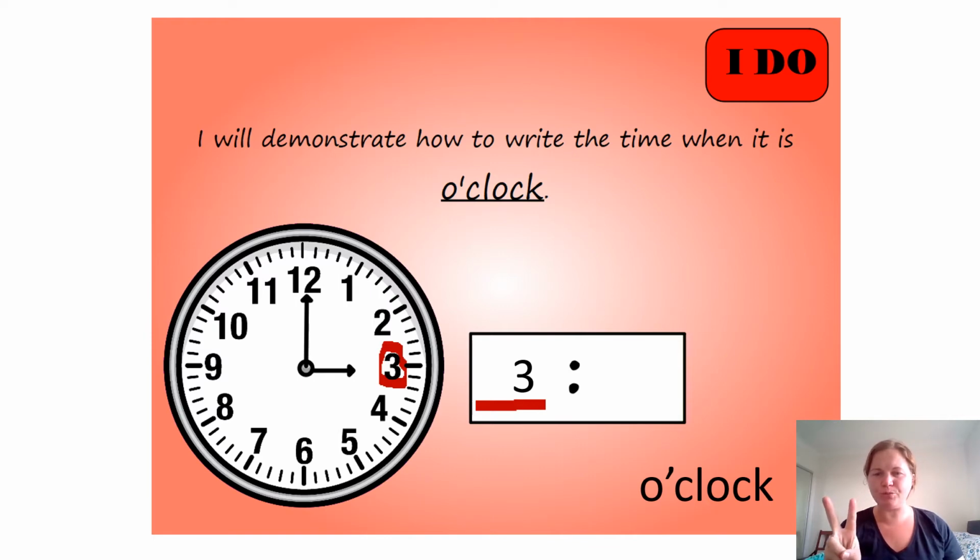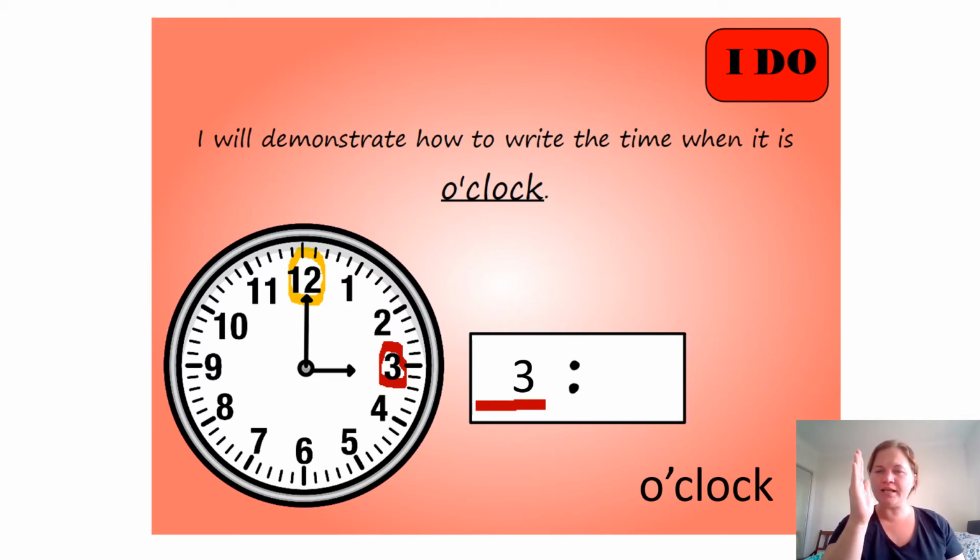Step number 2. I need to look at the minute hand. I know the minute hand is the long hand. I'm looking at the minute hand, and the minute hand is facing the 12. Do I write 12 over here? It's not 3:12 because I know my little song.